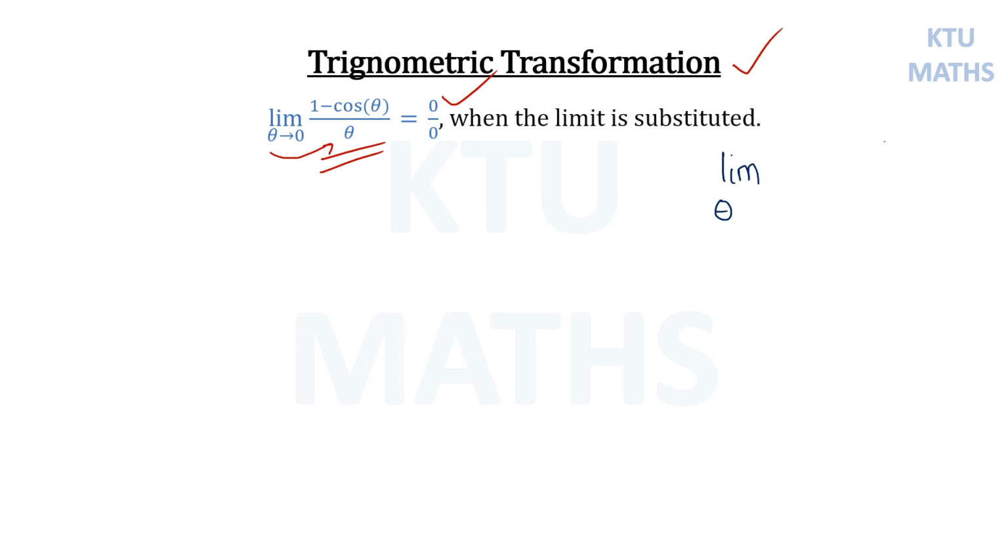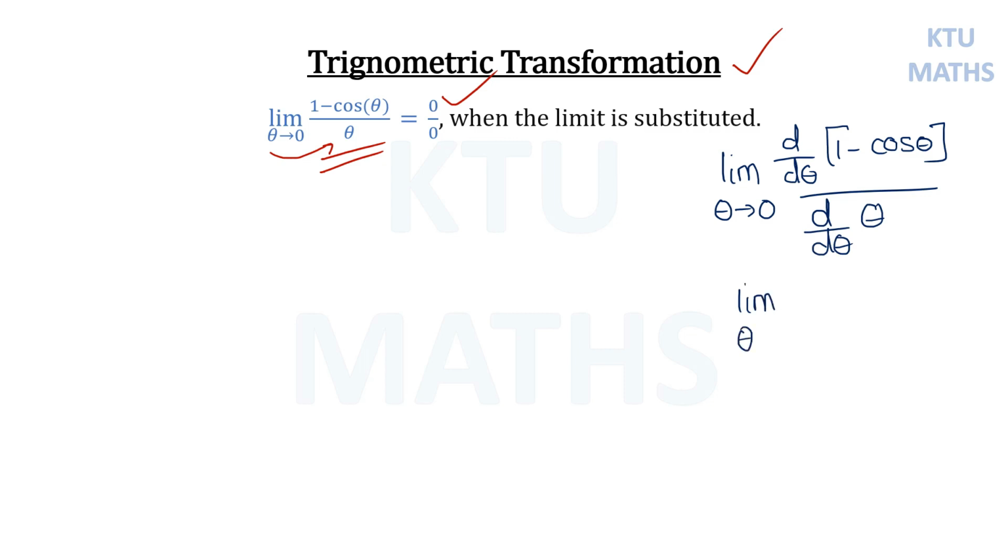Limit theta tends to 0, d by d theta of 1 minus cos theta by d by d theta of theta. We can solve it now.